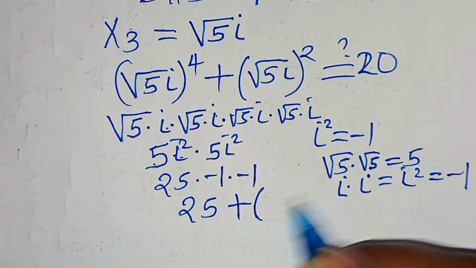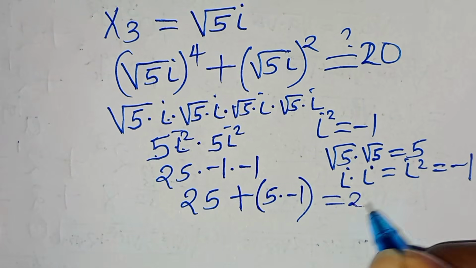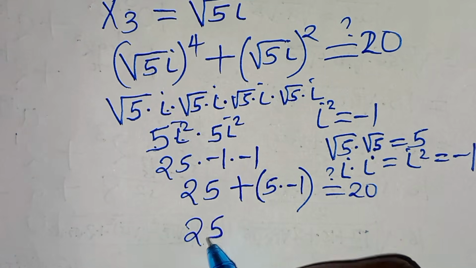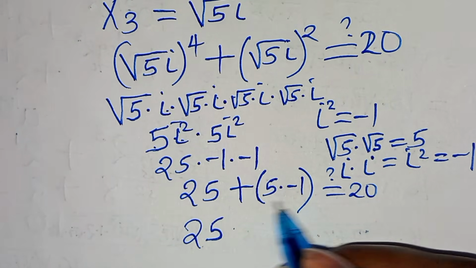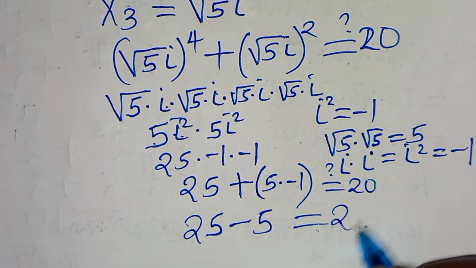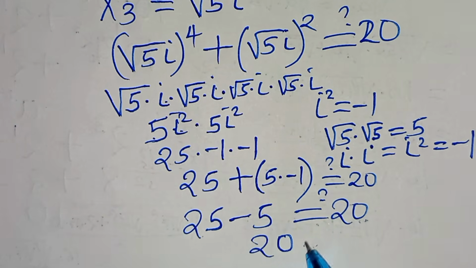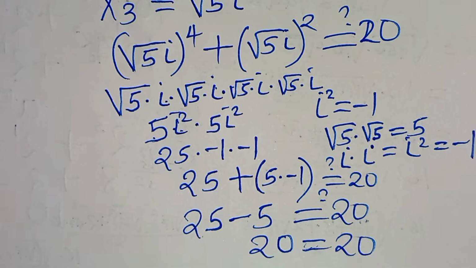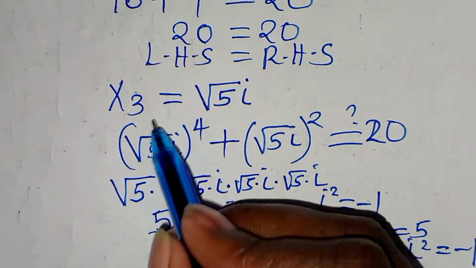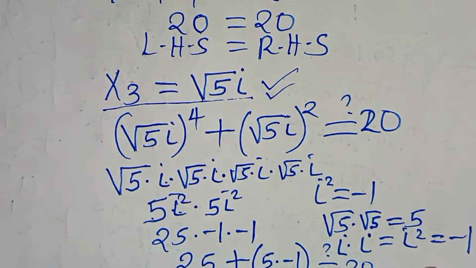So we have 5 times minus 1. This should give us a value of 20. So this is 25, and 5 times minus 1 is minus 5. So 25 minus 5 is equal to 20, which is equal to 20. So the left-hand side is equal to the right-hand side. This means that x3, which is square root of 5i, satisfies the equation.